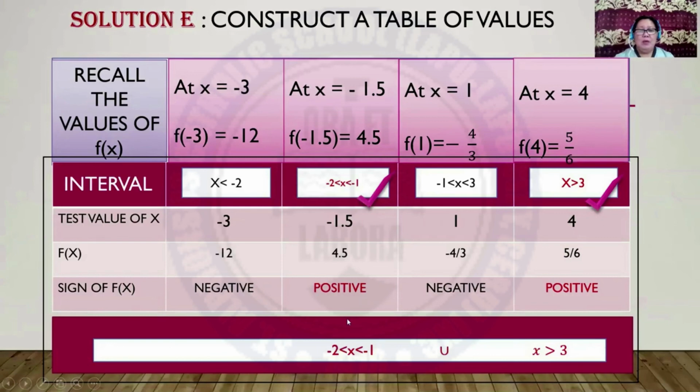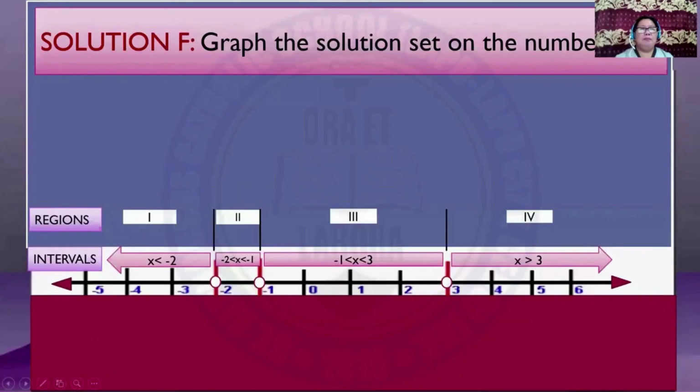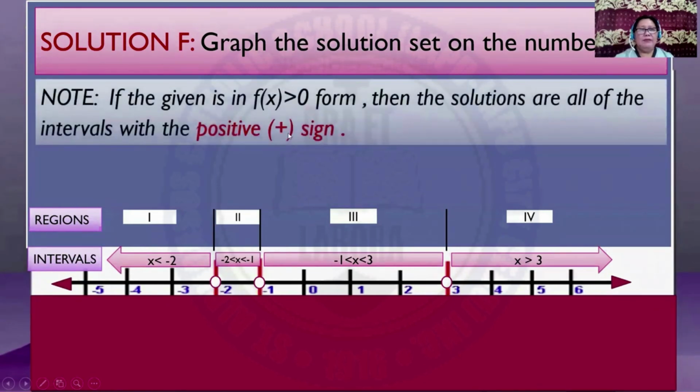Therefore, our solution set would be a combination or a union of this interval x between -2 and -1, and for x is greater than 3. So, sketching the graph of the solution set on the number line, then we will have to use the positive sign, highlight the region with the positive sign.